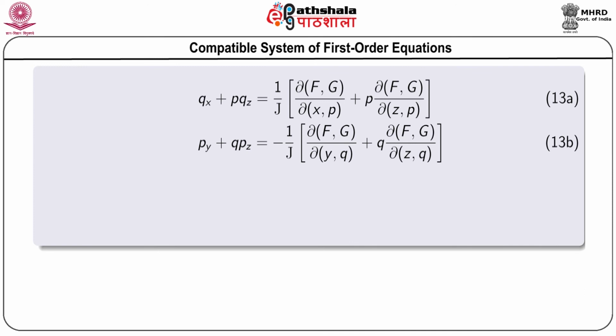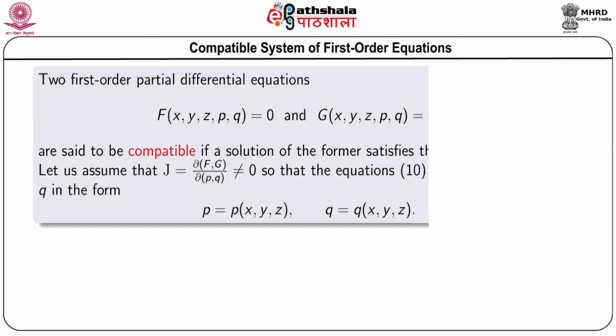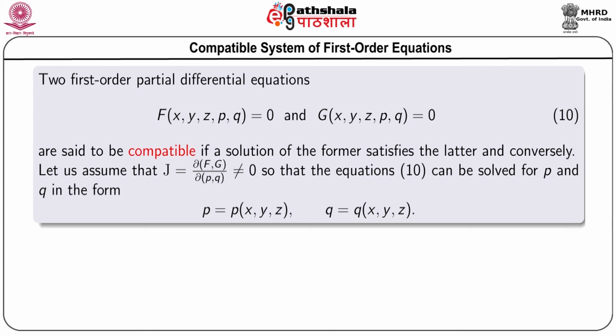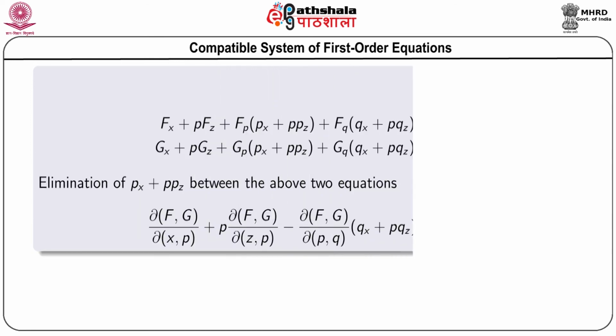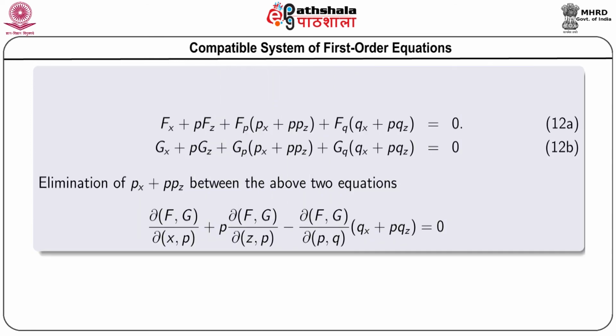Similarly, if we differentiate equation 12 with respect to y and z, we can get the relation which is written in 15b: Py plus Q Pz equals minus 1 by J times del(F,G) by del(y,q) plus Q del(F,G) by del(z,q).